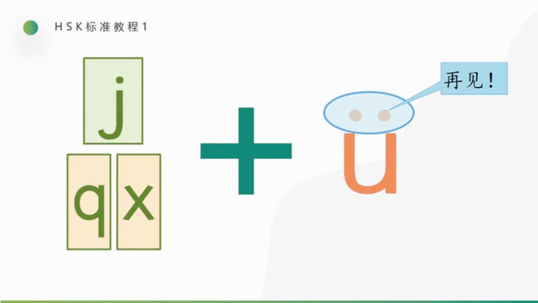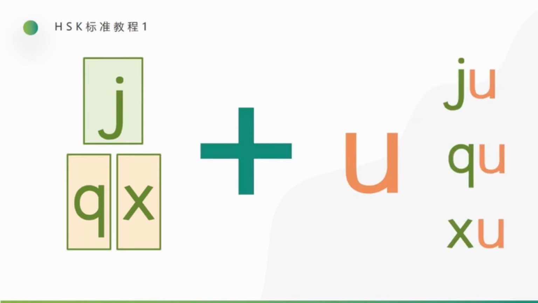So in this case, we can omit these two dots after ji, qi, xi. Like this. 居，区，虚. Here, it's not u, this is yu, not u. Be careful.